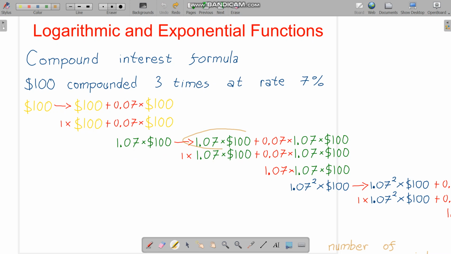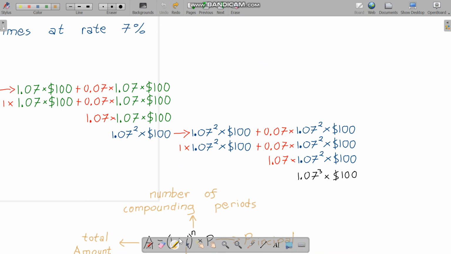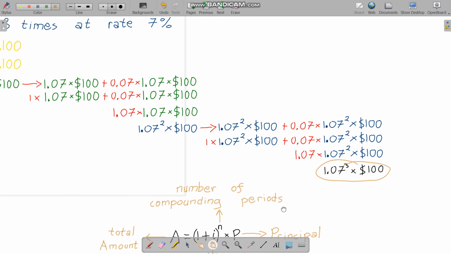Now this is the new principal, and this is the new interest, and if we add, we get this. If we simplify, we get this, and this is now the new principal. The new principal plus the interest again, we factorize, we get this. So this is the total amount after 3 compounding periods.